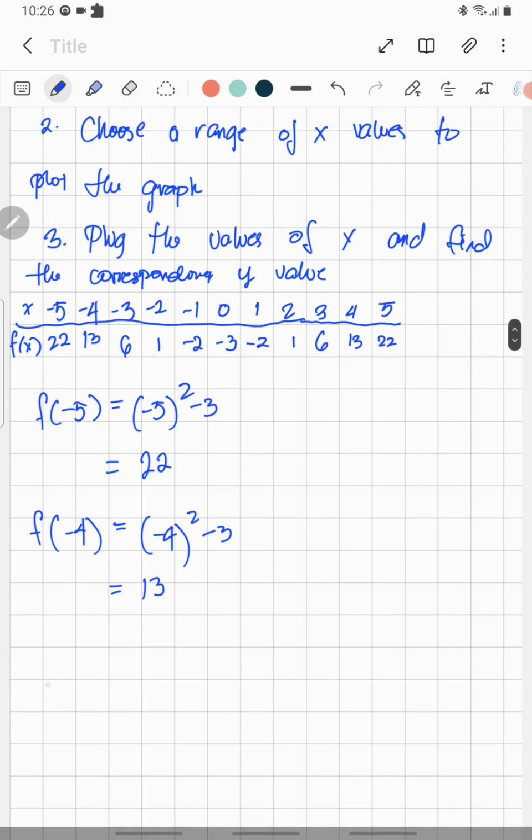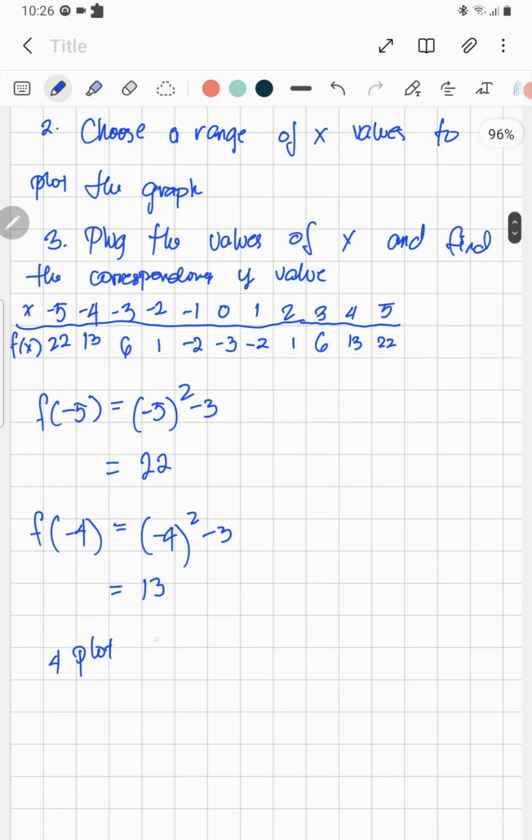Okay, for number 4, plot each point x, y on the graph.